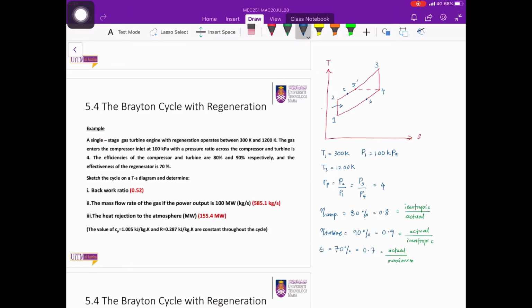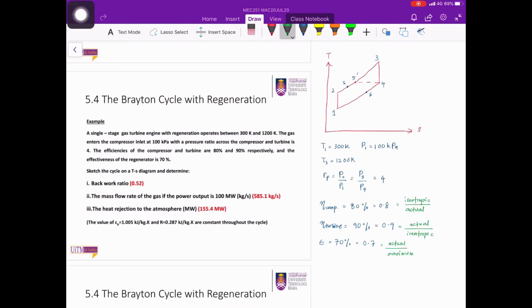Work in for the process 1 to 2, Q regen in for the process 2 to 5, Q in for the process 5 to 3, work out across the process 3 to 4, Q regen out for the process 4 to 6, and Q out for the process 6 to 1.